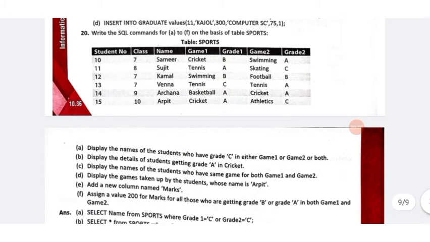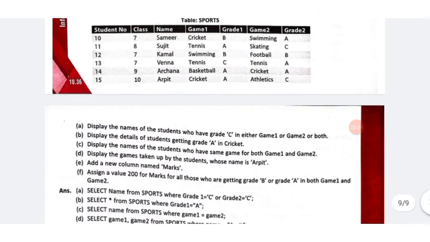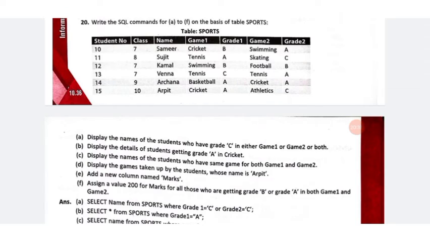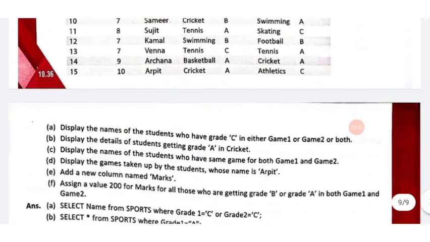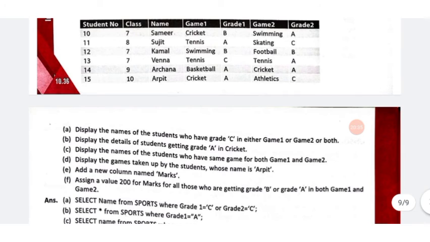The next question, write the SQL commands on the basis of the table sports. So this is the sports table and the command is display the names of the students who have grade C in either game 1 or game 2 or both.